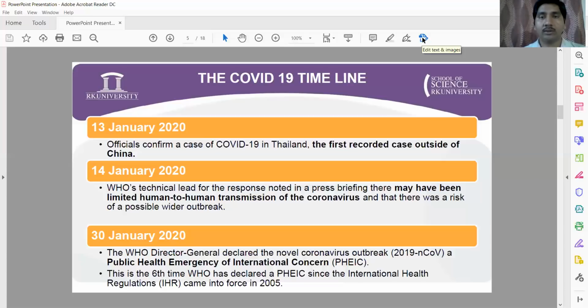Although later they suggested that it is a pandemic, in the WHO dictionary, PHEIC, that is Public Health Emergency of International Concern, is the highest order to measure the severity of any infection. Since the conceptualization of this in 2005, this was the sixth time that WHO had declared any disease as PHEIC.